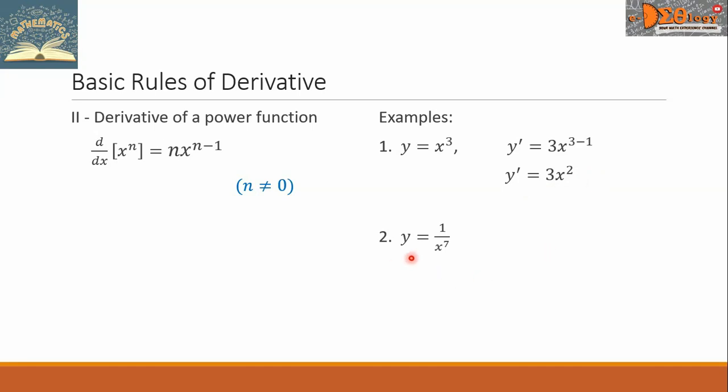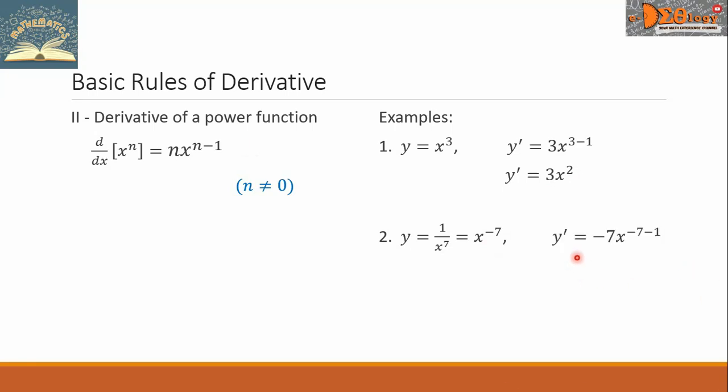Example 2, y equals 1 over x raised to 7. Let us show that this fraction has a term with negative exponent. So we have now x raised to negative 7. Let us now apply the rule of derivative.